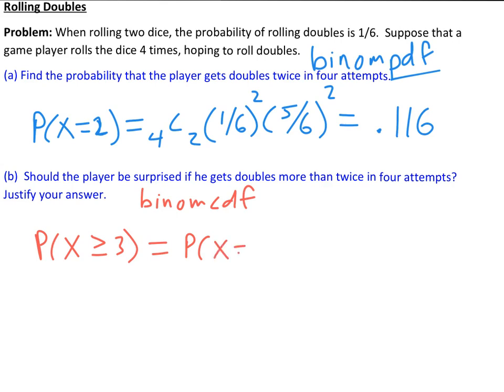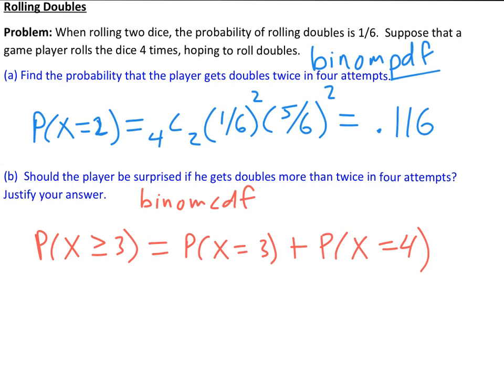So I'd have a binomial PDF for 3 successes, and I'd have to do another binomial PDF for 4. This doesn't seem all that bad, but what if we had one where we had to add up 20 different ones? That wouldn't be good. The CDF case takes care of that.